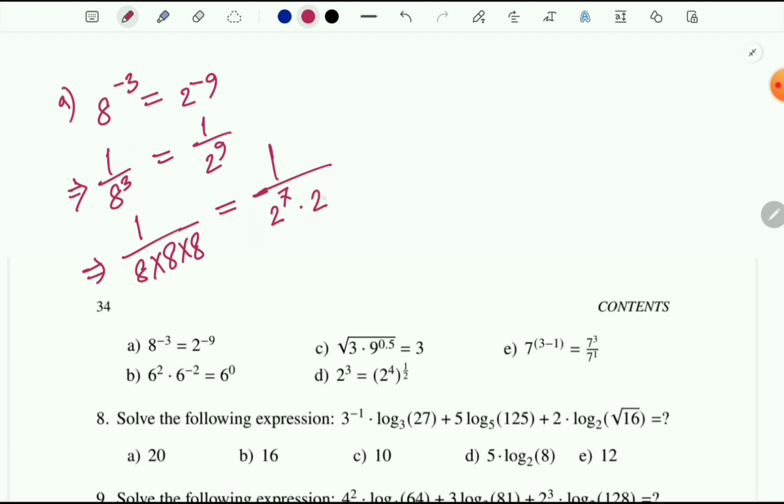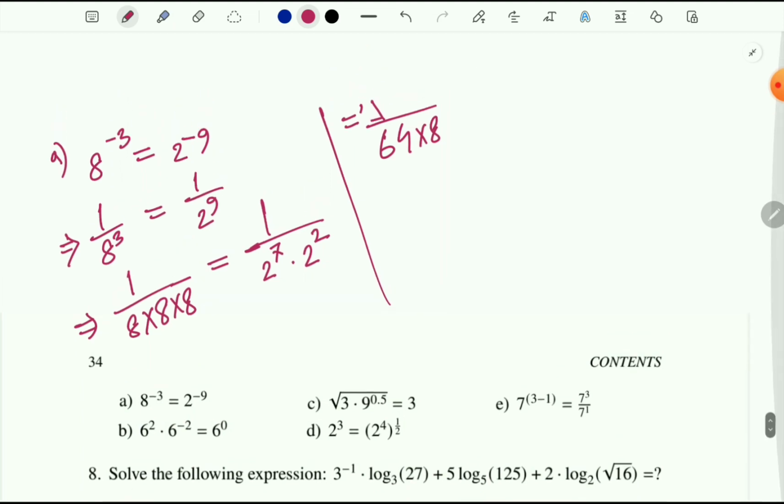Now 1 by 64 into 8 equal to 1 by 128 into 4.